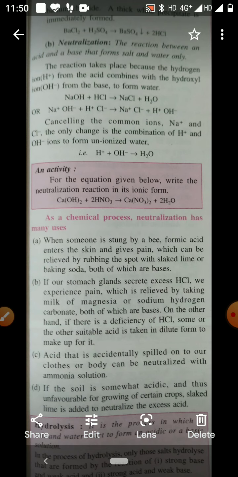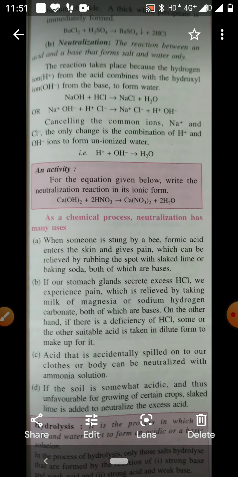Therefore, when someone is stung by a bee, formic acid is introduced in the skin, and due to the formic acid there is pain. But when we rub soap or sodium bicarbonate, the formic acid reacts with the soap or sodium bicarbonate to produce salt and water. So in this way the acid is neutralized. Therefore we get relief from the pain.